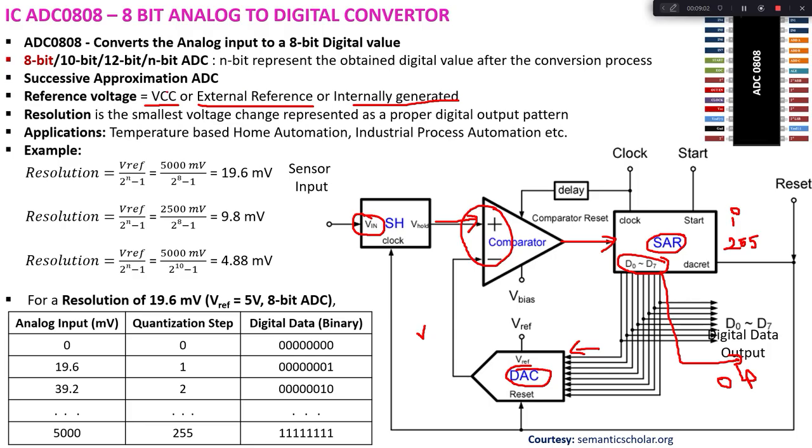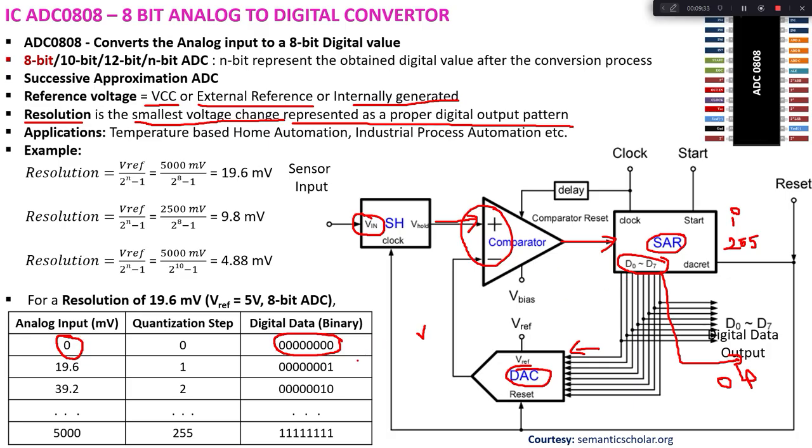And another important factor is your resolution. ADC resolution is very, very important. ADC resolution is nothing but the smallest voltage change which can be represented as a proper digital bit pattern. For example, if I have binary data of 8 zeros, then this DAC is going to produce a voltage of 0 volt.